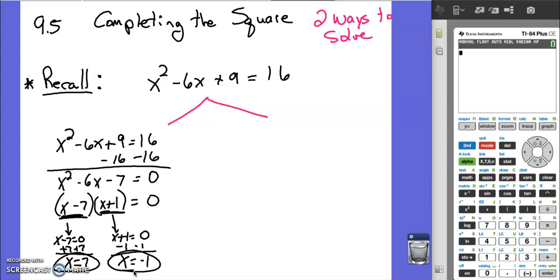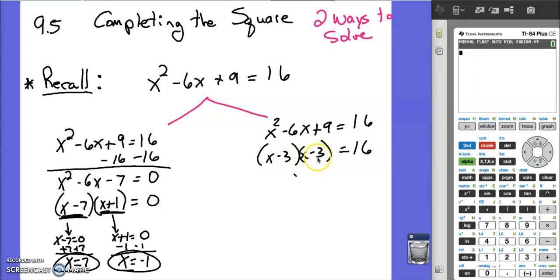The other way to do this, besides graphing, besides factoring, is what I could do is I could factor this. Notice that's x minus 3, which is x minus 3 squared.